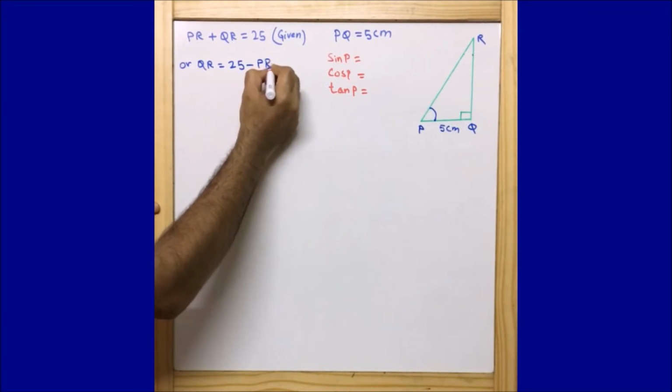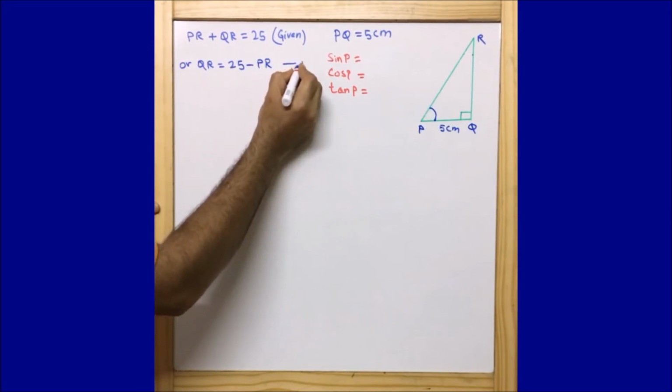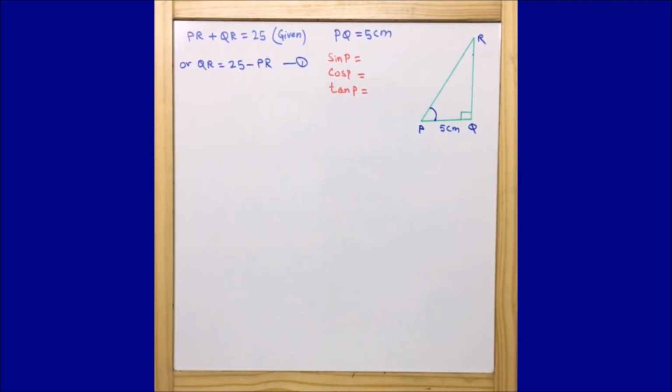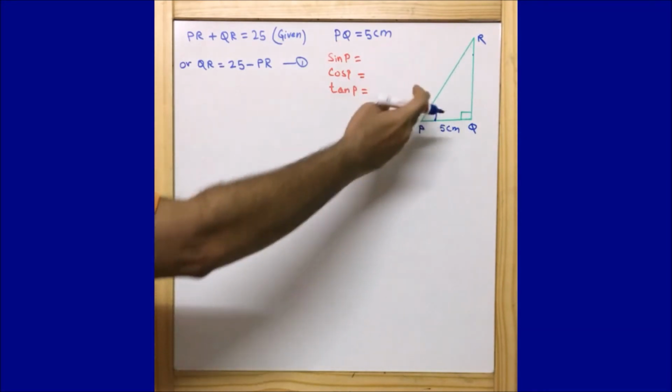This is what I derived, and let me name this equation 1. QR is equal to 25 minus PR. Now let us first of all try to find out the missing things, let us try to find out this PR.